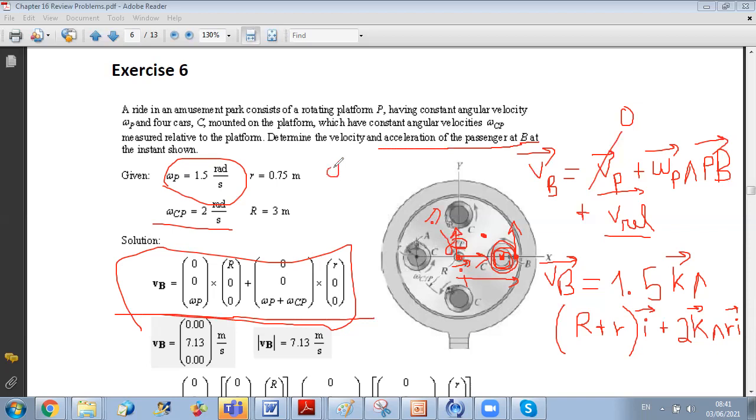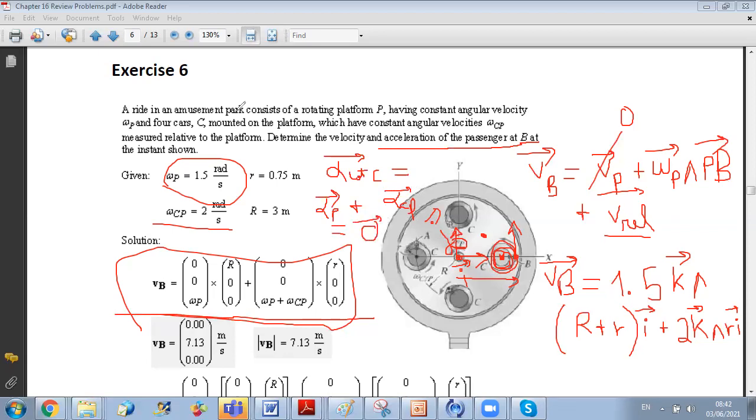So alpha total here of car C is equal to alpha P, which is 0 because omega P is constant, and also alpha CP is 0 because omega CP is a constant. So we can say here that there is no angular acceleration, alpha C is 0.